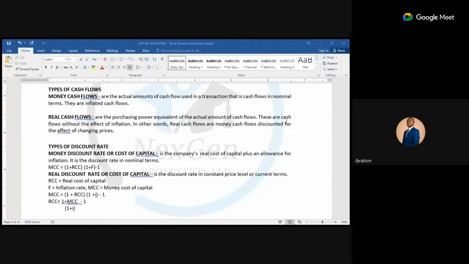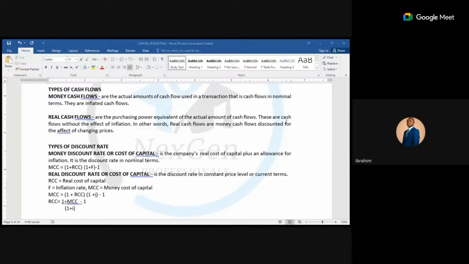That is why when you have 20,000 naira and try to buy a card or airtime, just remove 1,000, you will know that the money is just there. So that is real cash flow, without the effect of inflation, in current terms.